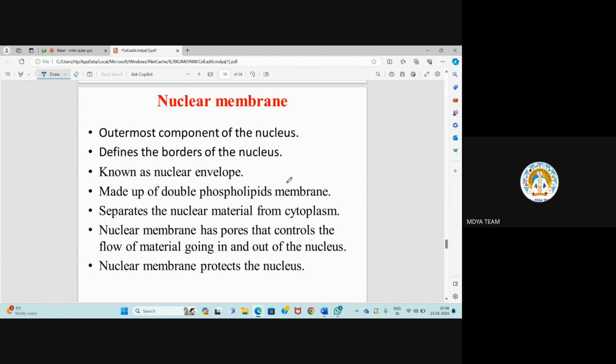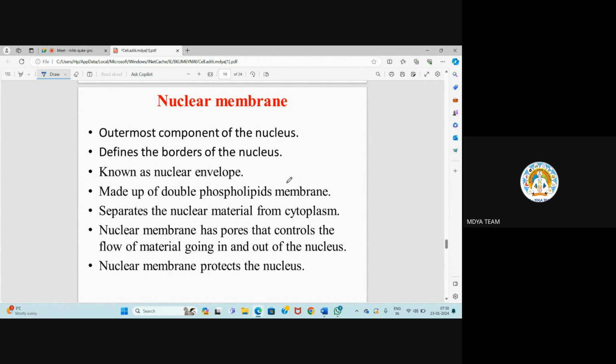Now, nuclear membrane has pores that controls the flow of material going in and out of the nucleus. Means you can see that the properties of nucleus is almost similar to cell. That is why nucleus is governing the whole cell. Means we say that nucleus is the brain of the cell.